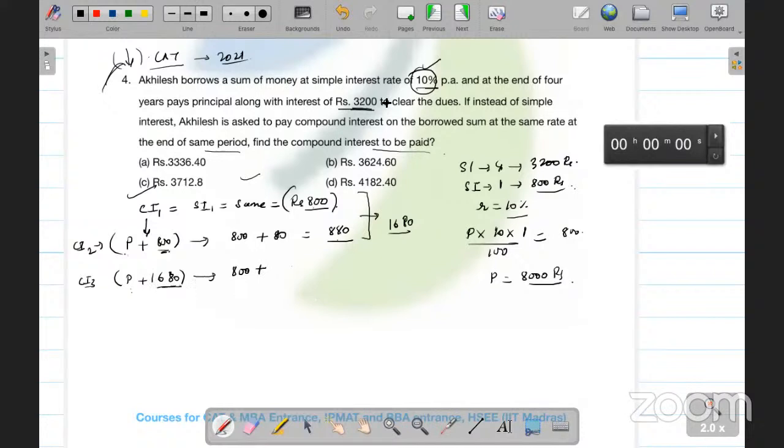On 1680 at 10%, the interest will be 168. So for the period of third year, the interest is 968. And what is the new accumulated interest? The total accumulated interest must be 1680 plus 968. That is 2648.